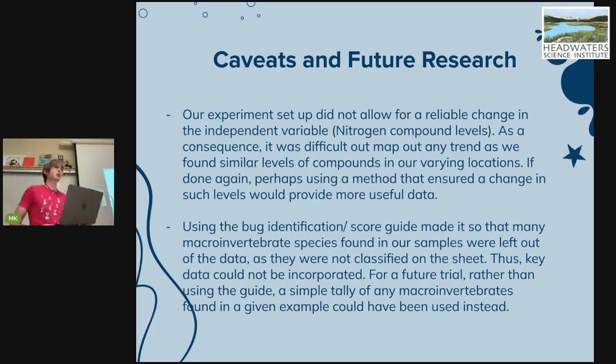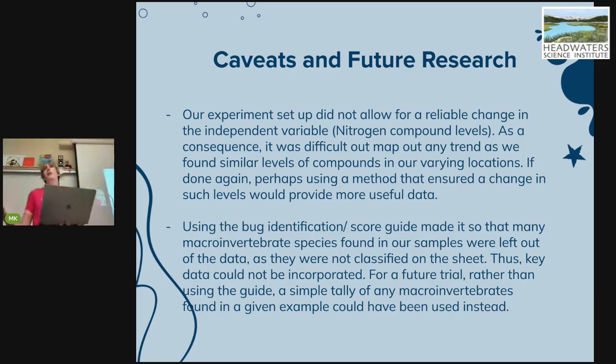If we were to redesign this experiment, we would want a way to actually manipulate and guarantee a change in those nitrogen levels. Maybe we could add it in ourselves to the samples. That could probably help us visualize some sort of trend. Otherwise, we weren't able to guarantee that variation, and we didn't have that.